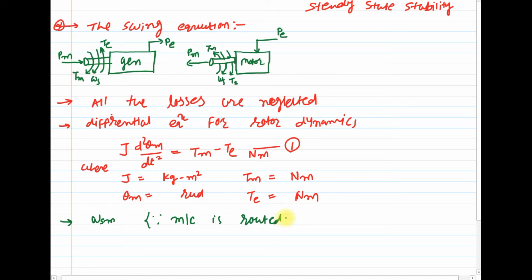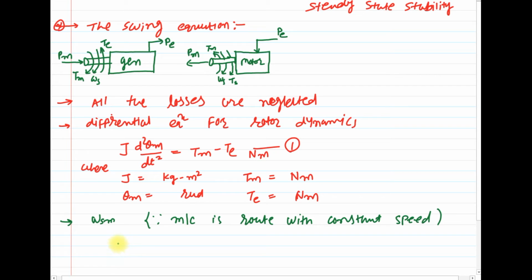With this assumption, we will multiply equation number 1 with omega Sm.